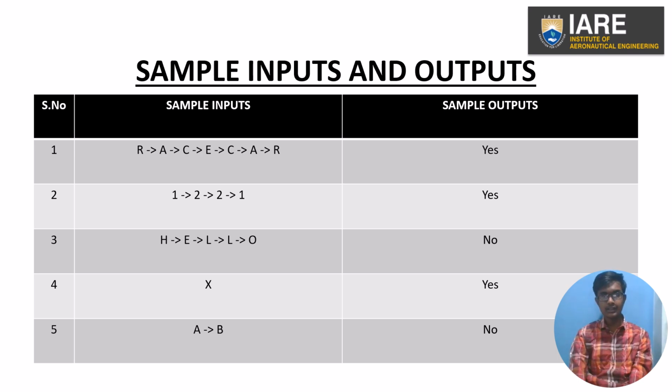And if it is HELLO, hello, it must be no, as we all see. And if the input is a single element, it is always a palindrome, so it must come yes. And if the input is A, B, it must come no, as we all can see. So these are the sample inputs and outputs which are expected from me in this problem.